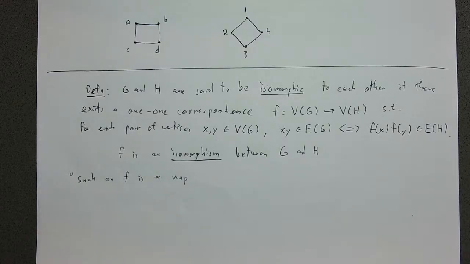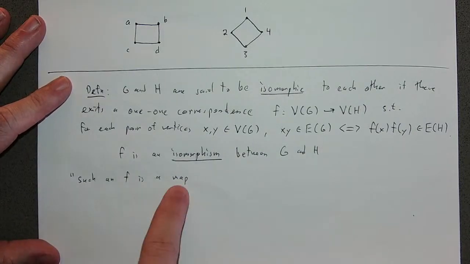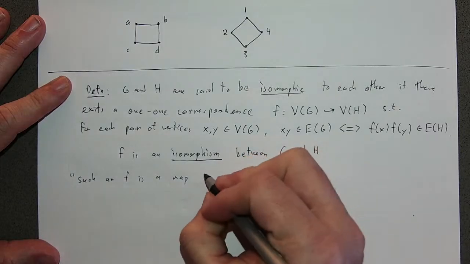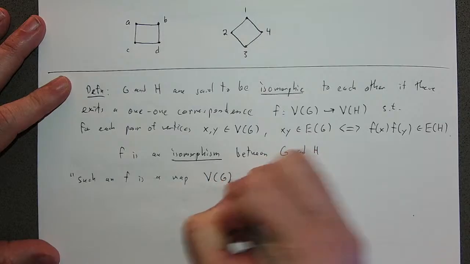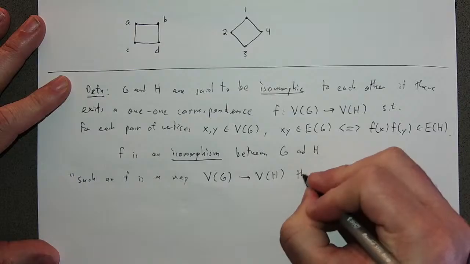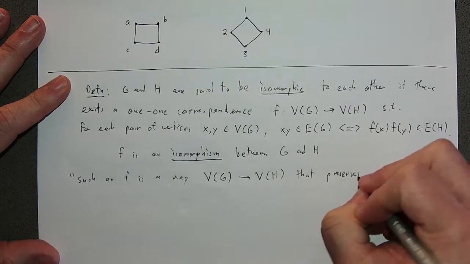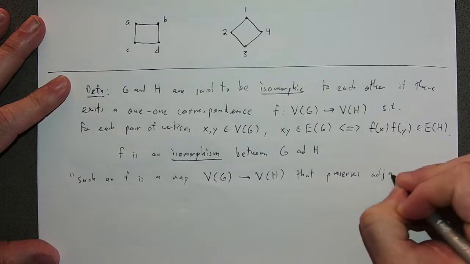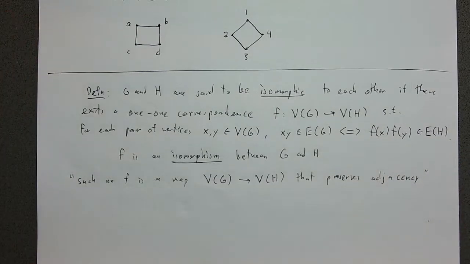So when I say map, I mean function. I'll use those interchangeably. I don't mean anything special by this, just function. It's just easier to say map than function. Such an F is a map from the vertex set of G to the vertex set of H that preserves adjacency. That's another way of thinking about it.